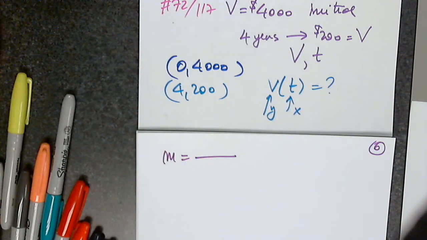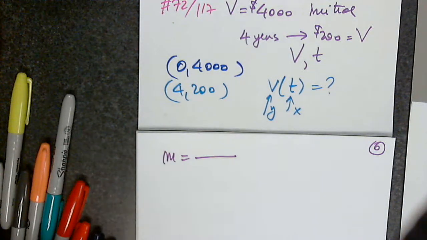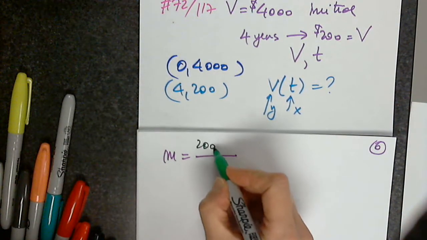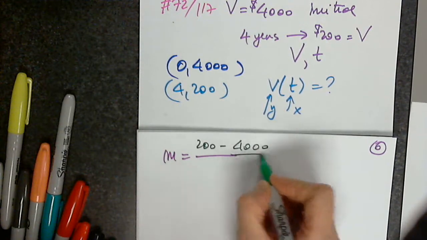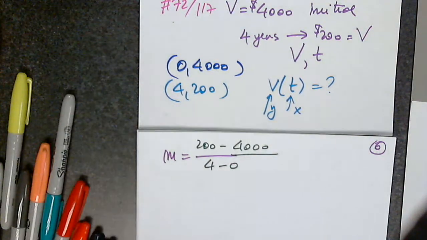Can anyone dictate what I use and how I use it when I find the slope? Right, rise over run. We use 200 minus 4,000. What kind of slope do we expect? We have 3 possibilities, right? Positive, negative, 0, or undefined. What kind of slope do you expect to get?